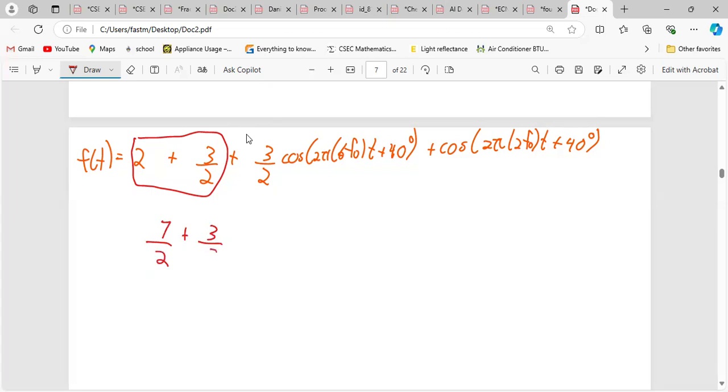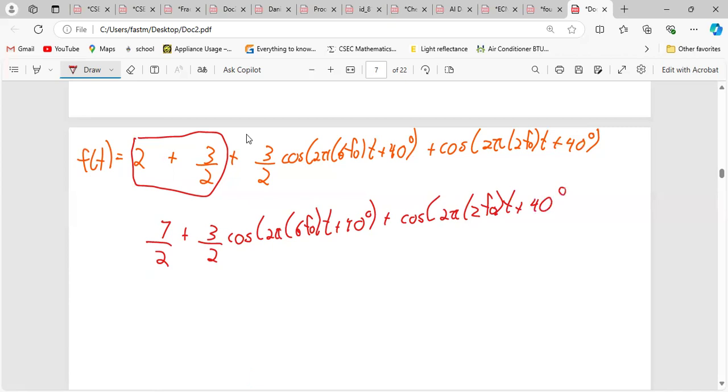Plus 3 on 2 cos(2π 6 f naught t + 40 degrees), plus cos(2π 2 f naught t + 40 degrees). Right, so that's a little more legible.